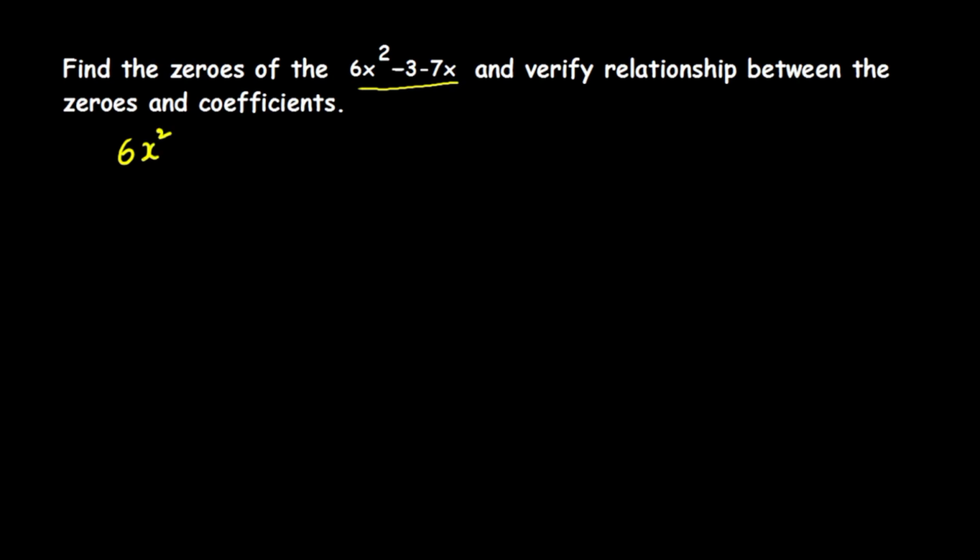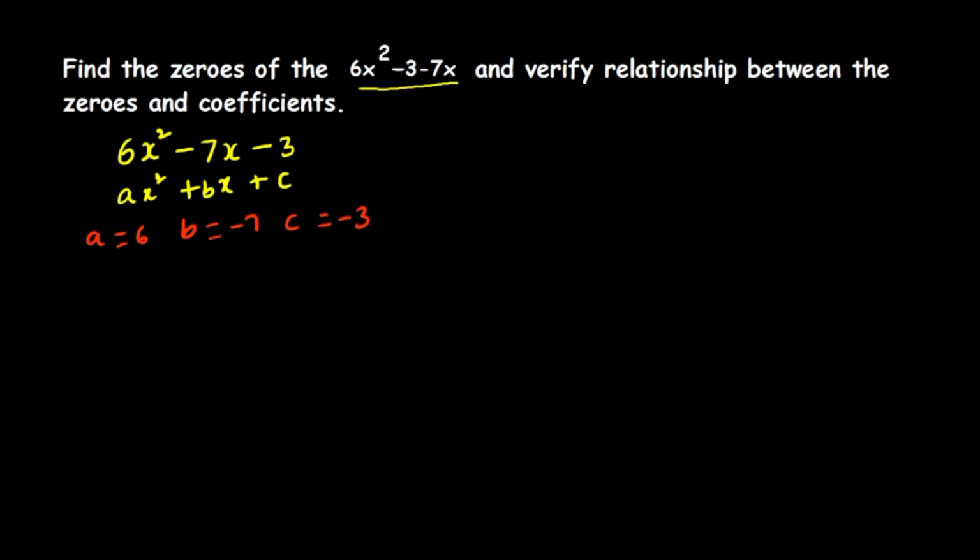After 6x square we should get the x term, that is minus 7x. Next, after the x term we should get the constant, that is minus 3. So this is the standard form. Now this one, as usual, we will compare with ax square plus bx plus c. Now it's very easy to identify: a equals 6, b equals minus 7 and c equals minus 3, that is the constant.